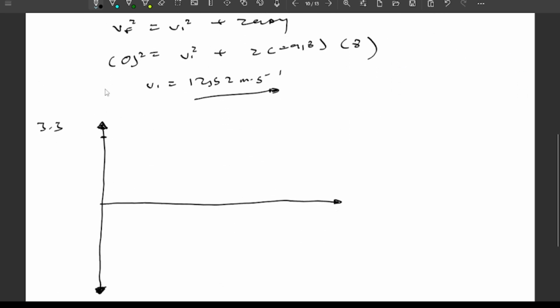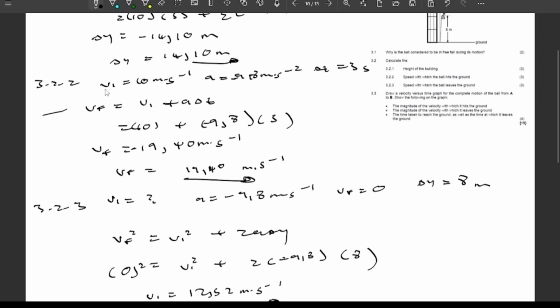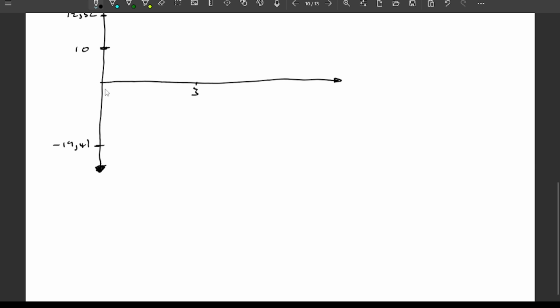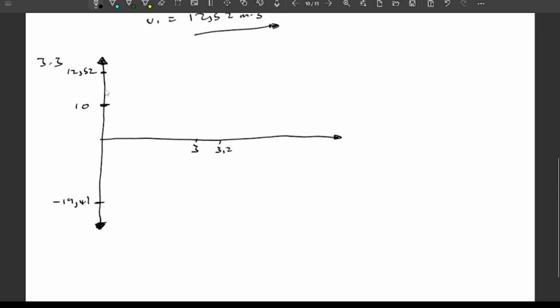So the V initial for now was 10, then it hit the ground at negative 19.41, and then it went up again with the initial speed of 12.52. It lost some of its energy, that's why the speed is different. And the time, remember that in the beginning it was 3, and then after 3 it took 0.2 seconds, I assume. Yes, it took 0.2 seconds. Then you're done. You just need to draw your line.